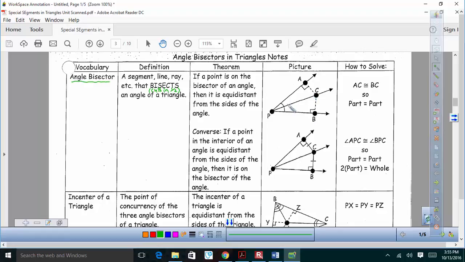So if it is bisecting, then that means that angle, and let's highlight it because some of us struggle with this on the test, angle APC, this angle right here, is equal to angle CPB, this angle right here. So we're going to write angle APC is congruent to angle CPB.